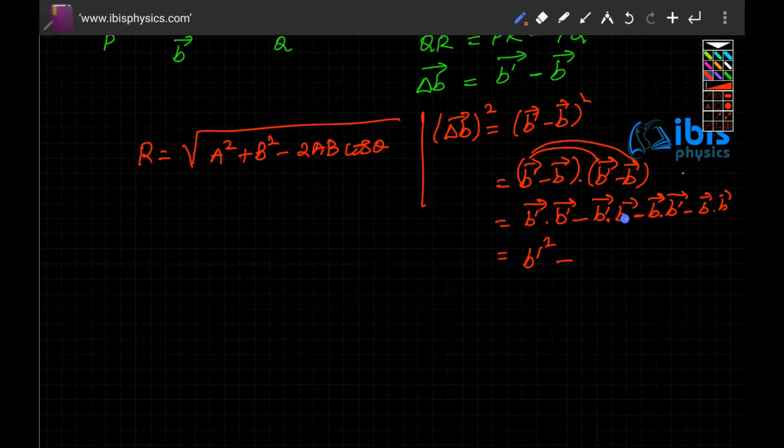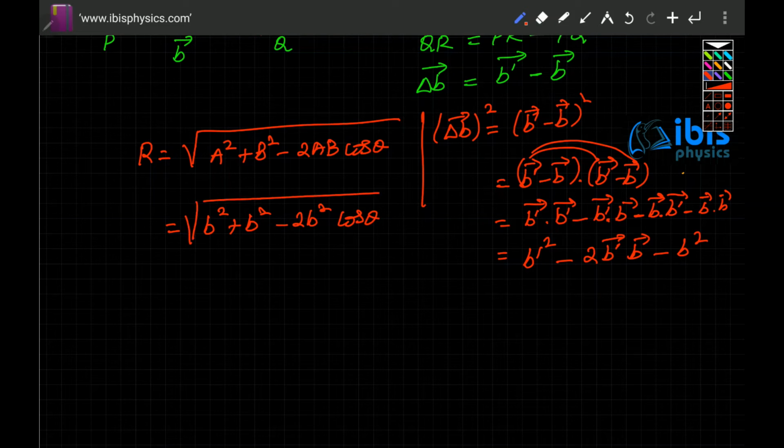So b prime dot b and b dot b prime both are same. So 2 b vector b prime vector, plus b dot b, which is b square. So it is b square plus b square minus 2b square cos theta. That's what is r, the magnitude.